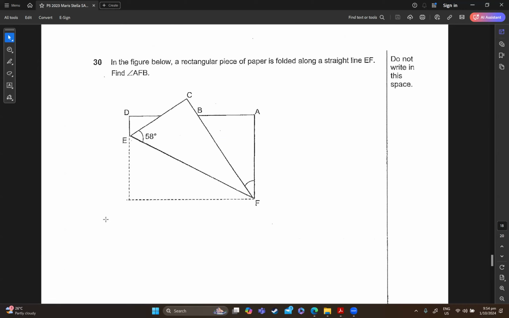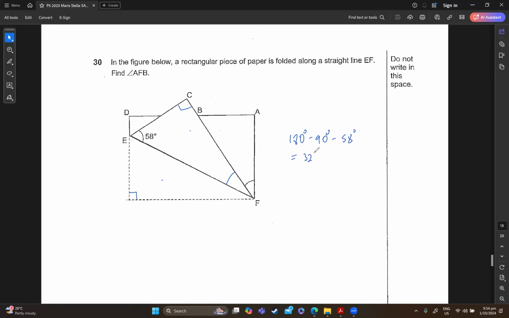Okay, so whenever you see a question where the paper is flipped, it means the shape is repeated twice, which means the shape that goes missing and folded up here are the same exact thing. This triangle is the same as this triangle. This is 90 degrees, this is 90 degrees. So what is this angle here? 180 degrees minus 90 minus 58.